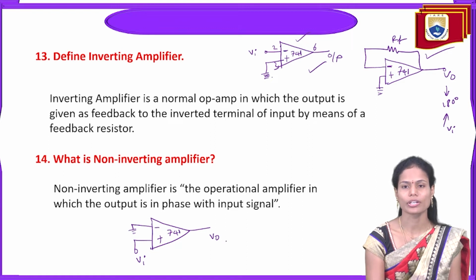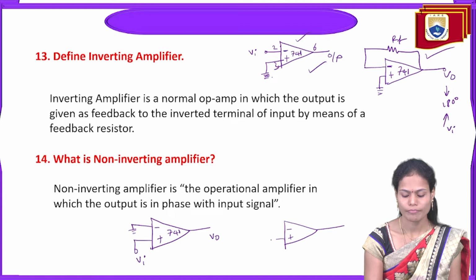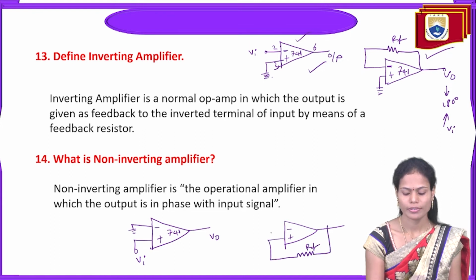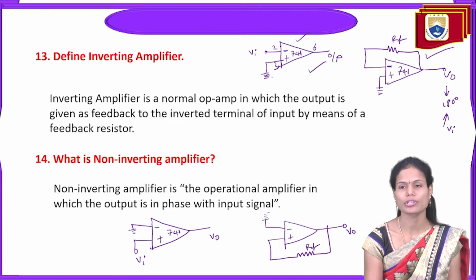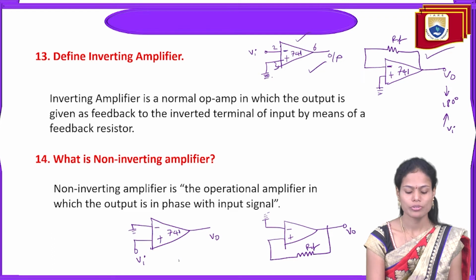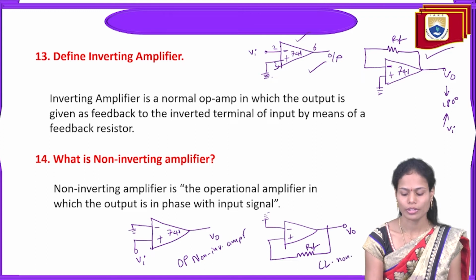Also we can represent it in a feedback form or closed loop form by using the feedback resistance RF, and this one is grounded here. Here we measure the output voltage. So this is the open loop non-inverting amplifier, and this is the closed loop non-inverting amplifier.